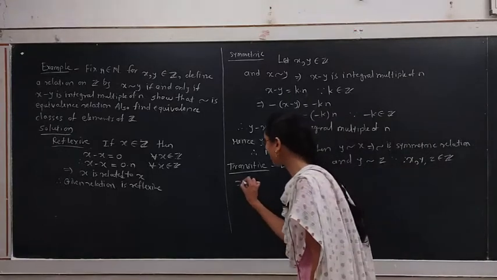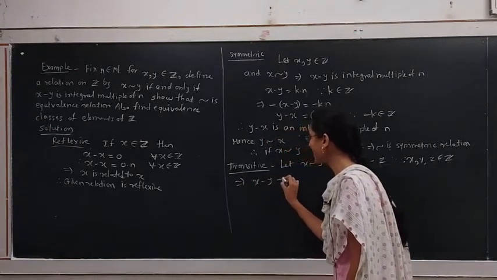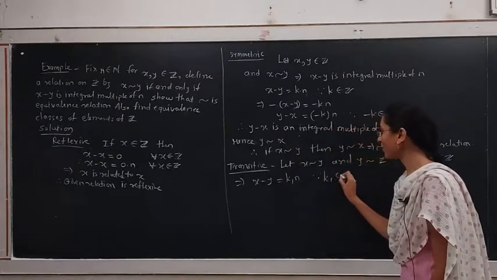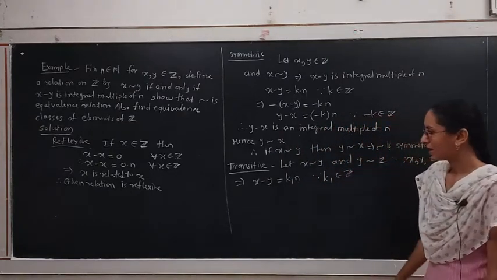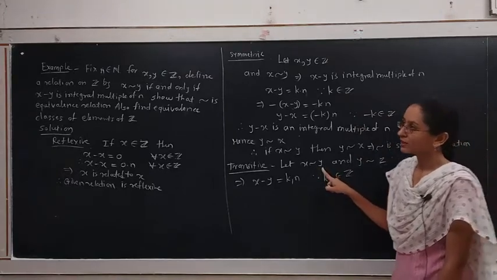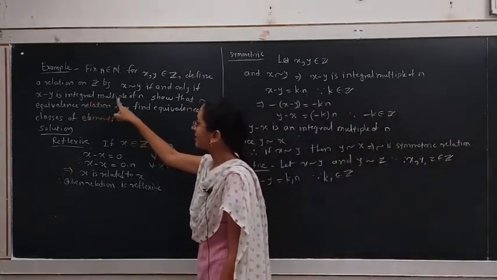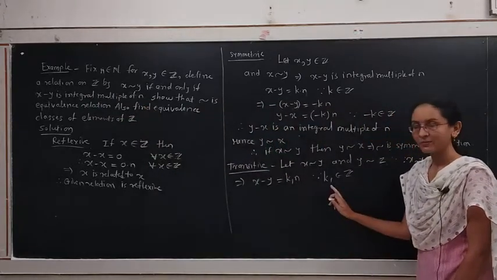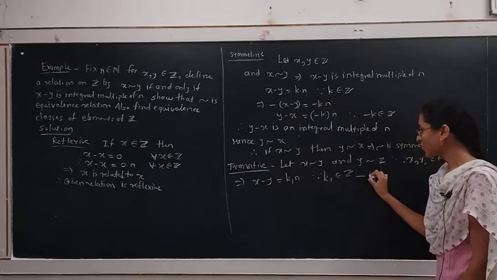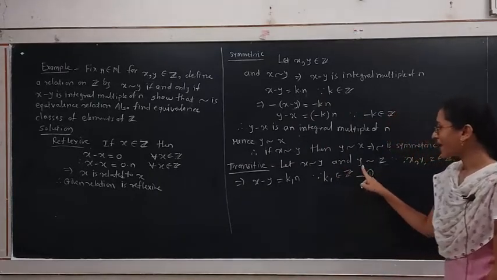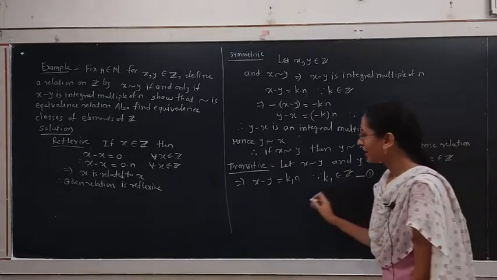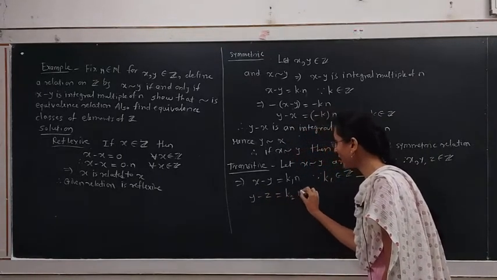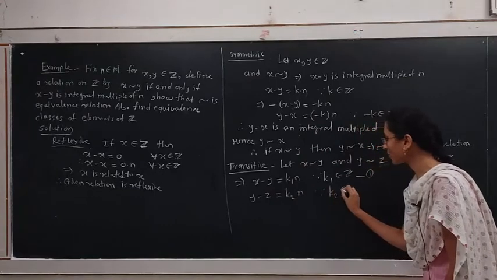This implies x minus y is equal to k1 into n, where k1 belongs to Z. x is related to y means x minus y is an integral multiple of n, and we have taken that integer as k1. This is equation number 1. Also, y is related to z. Therefore, y minus z is equal to some k2 into n, where k2 belongs to Z.